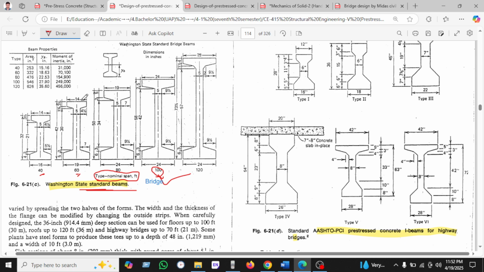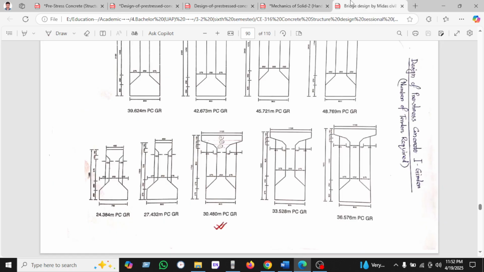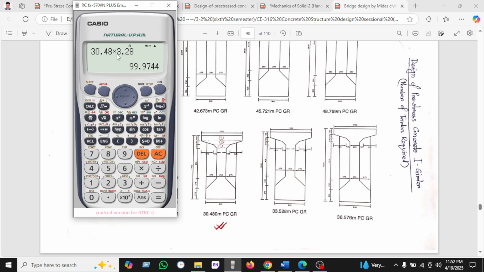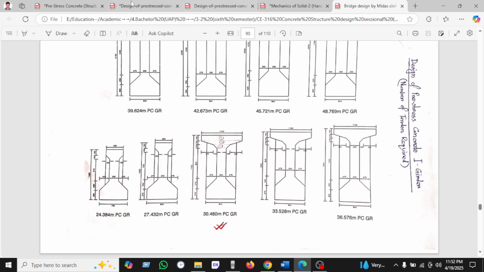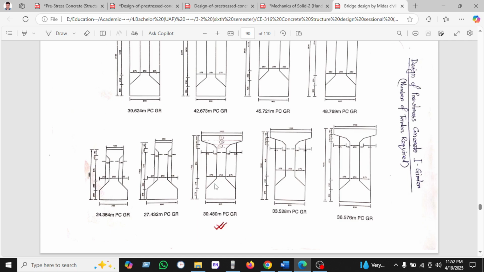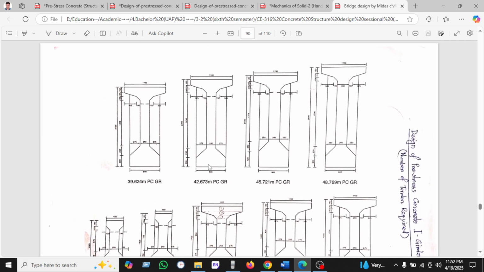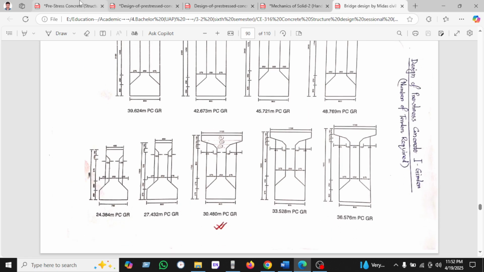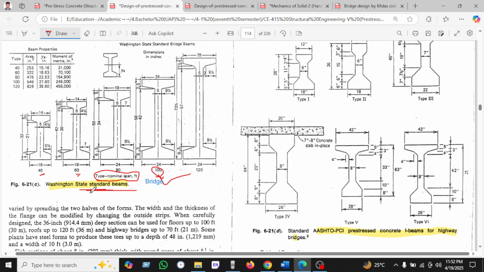If the girder span is 60 feet, we use this one, for 80 feet this, and for a bridge of 100 feet, this one. Remember, I have also seen another, 38.3, and a prestressed girder, 38.35. All the dimensions are given here as per the Washington State standard beam.